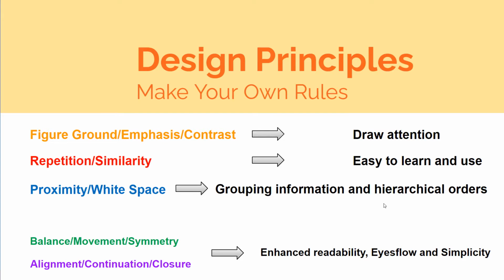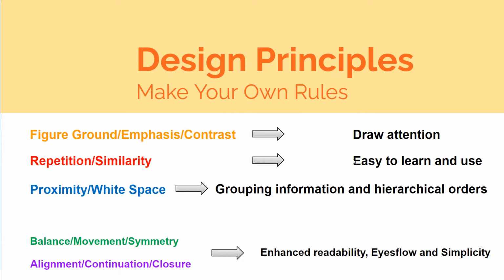Okay, so now we simplify that, right? And we look at the function of it. The figure, ground, emphasis, and contrast, this function is to draw attention. Repetition and similarity, we use a lot on software interfaces. So this one makes it easy to learn how to use, or people get used to it quickly.